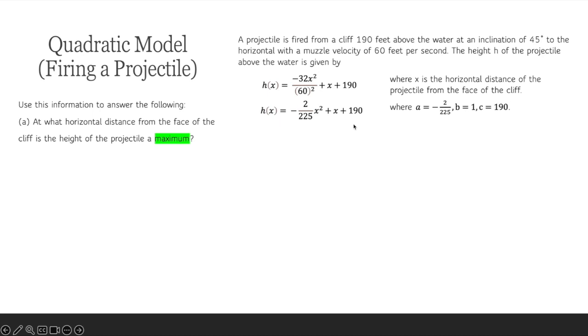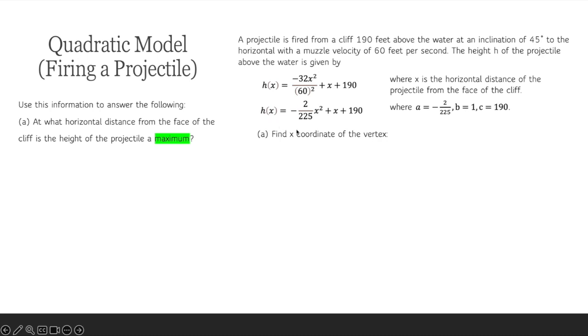And then it means that the vertex gives you the maximum value for that parabola. So when I want the horizontal distance from the face of the cliff at which the height of the projectile is maximum, I want to find the x that makes my h the maximum.